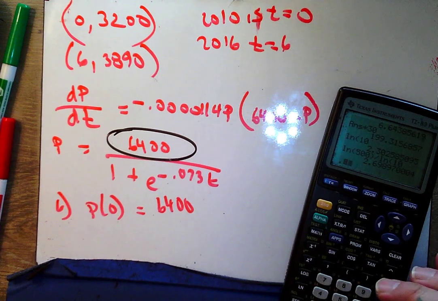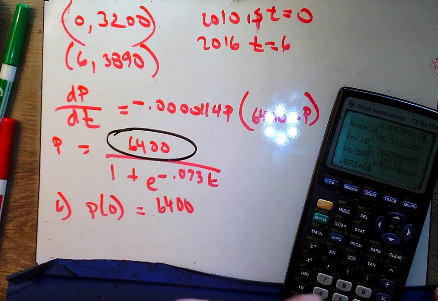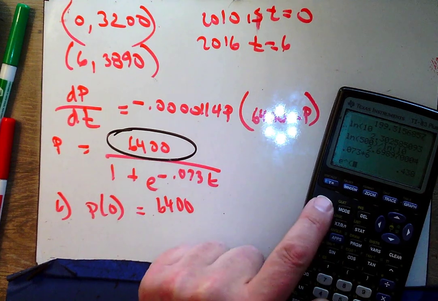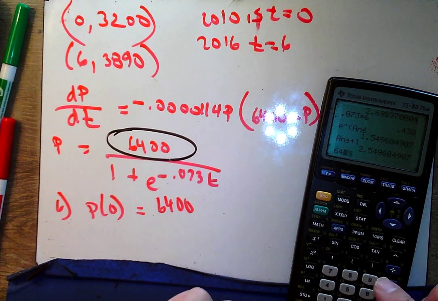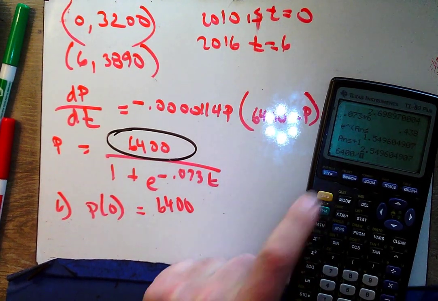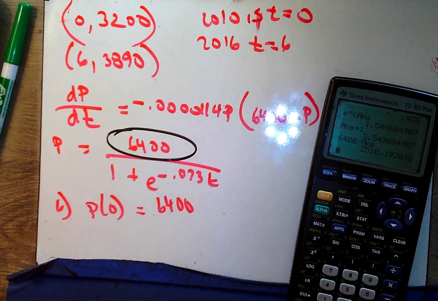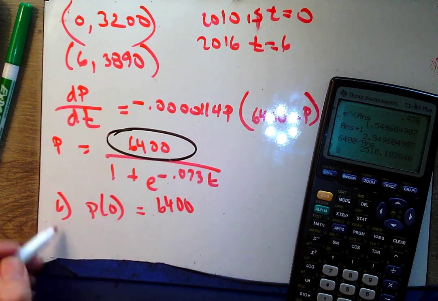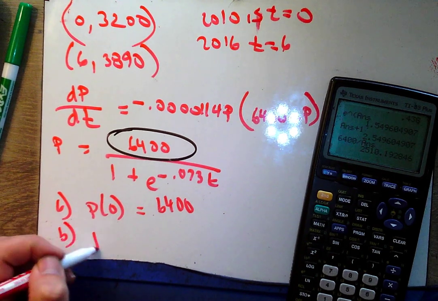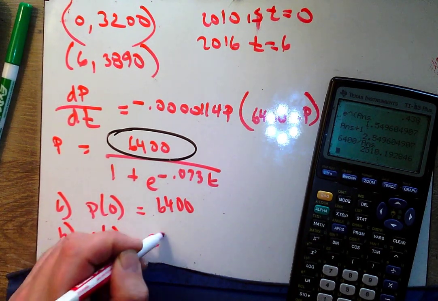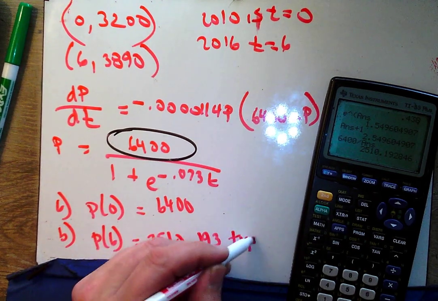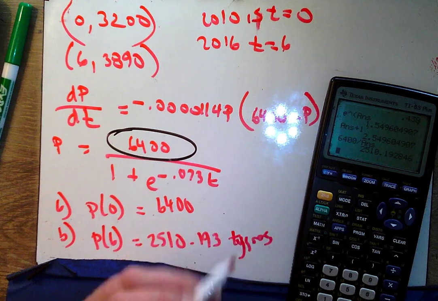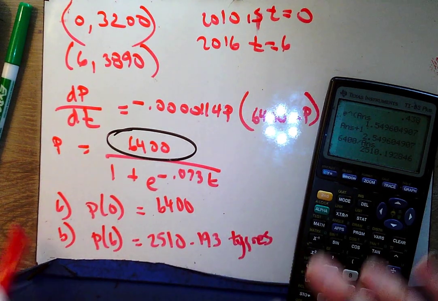So 0.073 times 6, and I want e raised to that power plus 1, and I'm going to take 6,400 and divide by that last answer. And I get that p of 6 equals 2510.193 tigers.